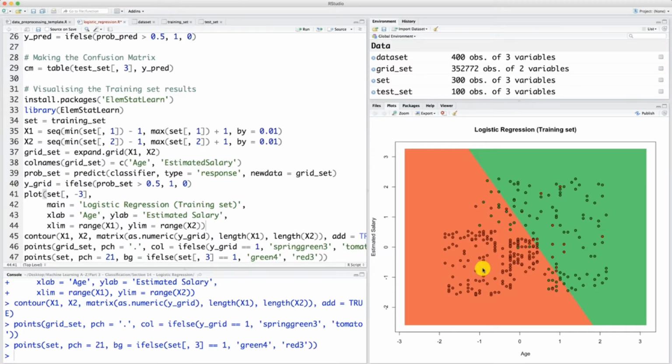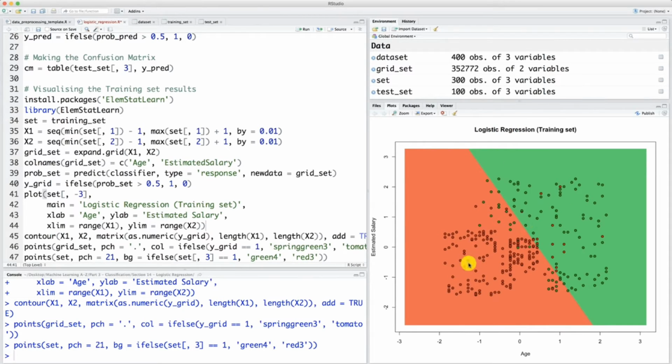And we represented the way our classifier catches these users by plotting what are called the prediction regions. The prediction regions are the two regions that we see on this graph, this red one here and this green one here. The red prediction region is where our classifier catches all the users that don't buy the SUV, and the green prediction region is where it catches all the users that buy the SUV. But be careful, this is according to the classifier.